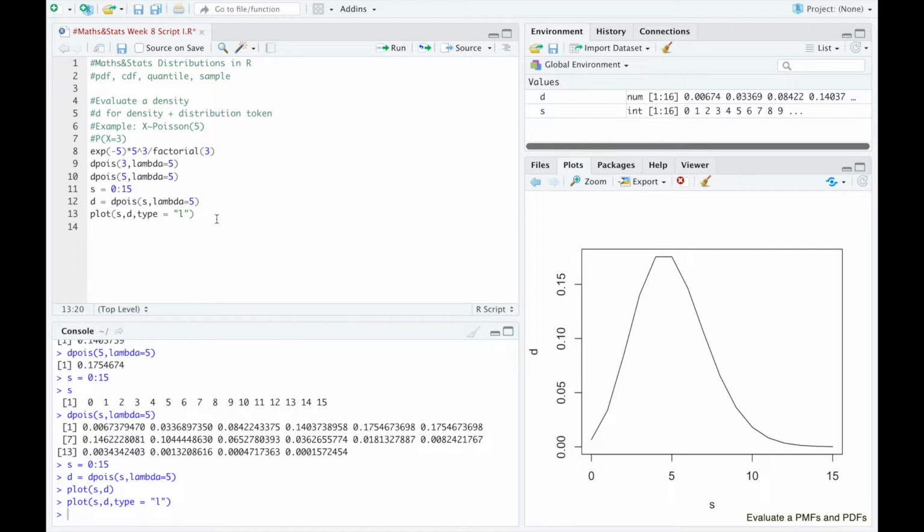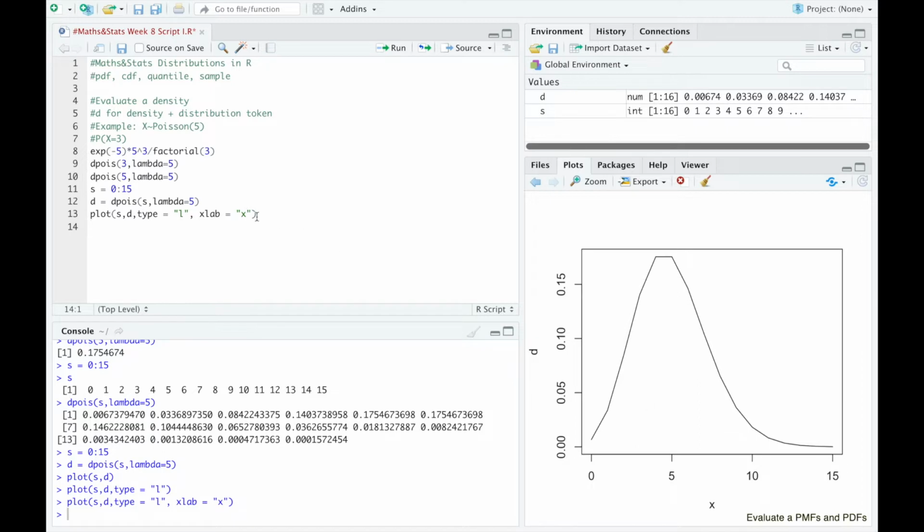Other things that you can easily do with a plot is to change the label. So the X label will be, well, instead of S, usually we use X. Okay, this is changed. And the label for Y will be PMF of Poisson with lambda equal 5.